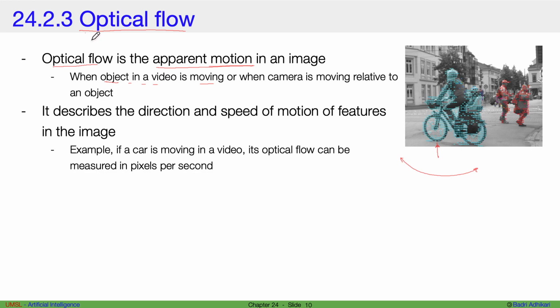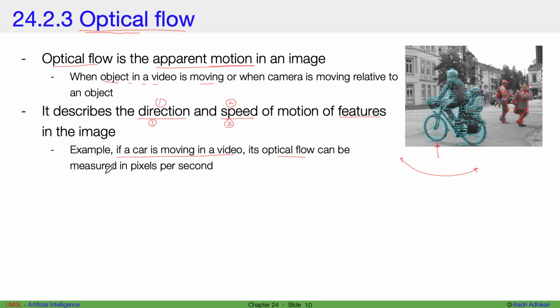Now, optical flow determines two things. The first is the direction of the features that are moving in the image, and the second is the speed of this motion. For example, if a car is moving in a video, then optical flow can be measured to calculate the direction of the car and the speed of the car.